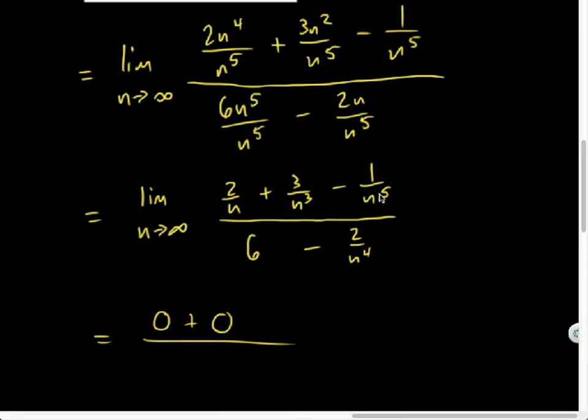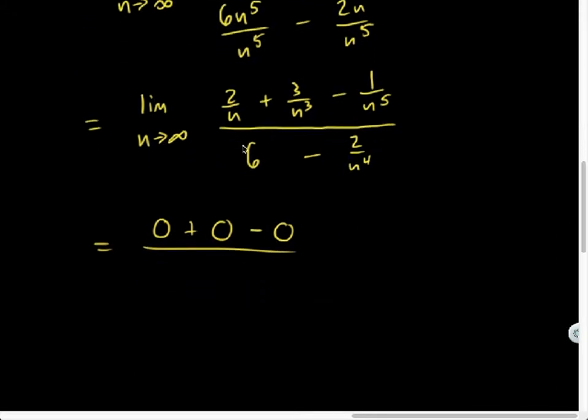Then this one, if I raise infinity to the 5th power, it's even more infinite. Subtract 0. What is 6 approaching? 6. He's just hanging out. 2 over n to the fourth is 0. So this simplifies to 0 over 6, which is 0.